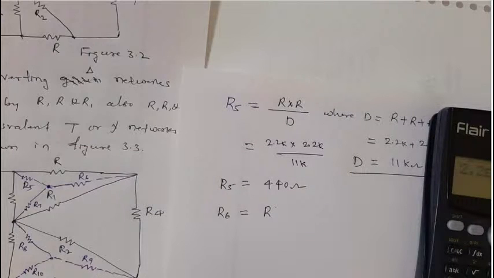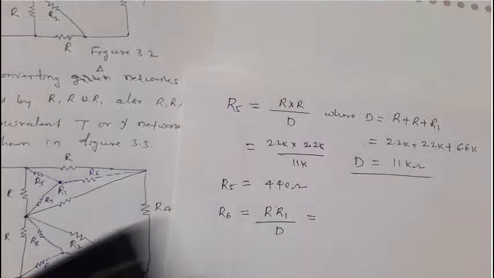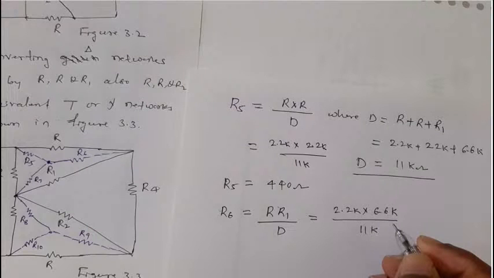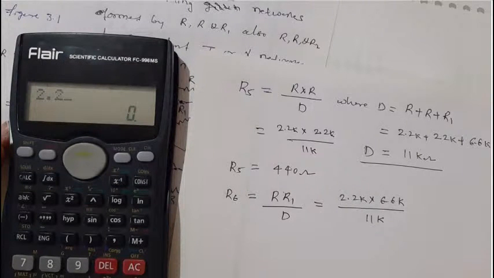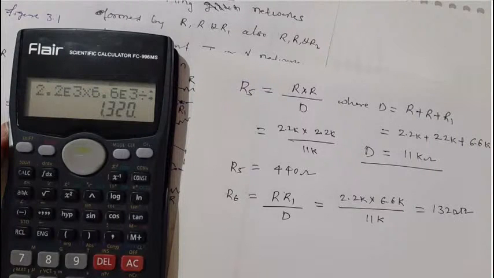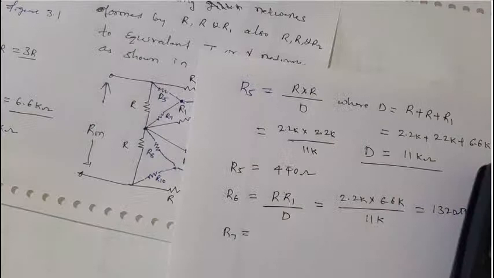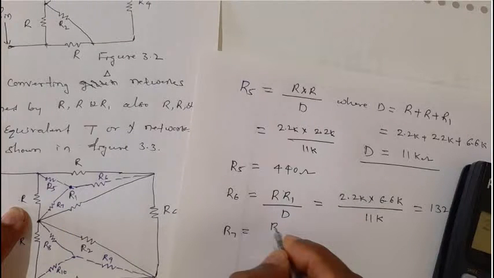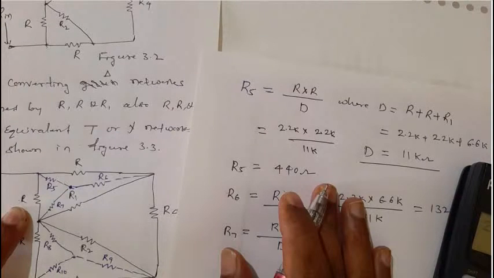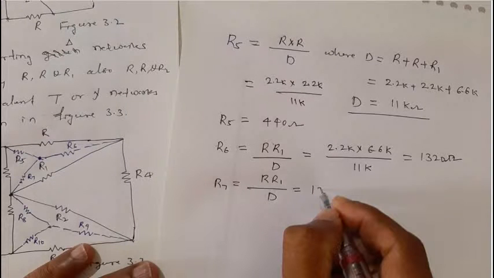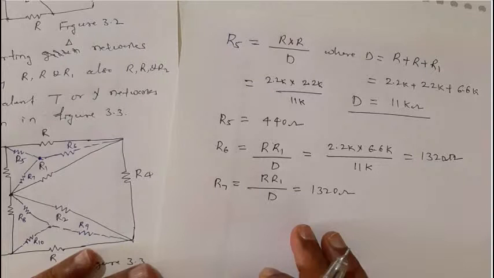So R into R1 divided by D, which is R is 2.2k into R1 is 6.6k divided by 11k, and this is equal to 1320 ohm. Now R7 is this resistor, with two resistances, one is R, another one is R1, R into R1 divided by D, and obviously this will be the same as above, which is 1320 ohm.